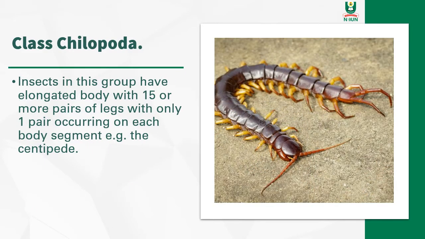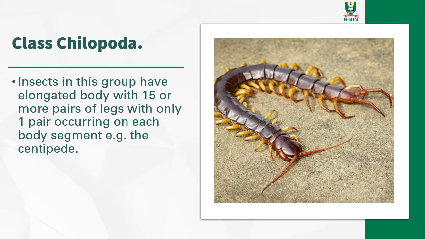Moving on, we have the class Chilopoda, and these animals have elongated bodies. As you can see, their bodies are long with 15 or more pairs of legs, depending on the length of the body. And as you can see in this centipede here, one pair of legs occurs on every body segment.